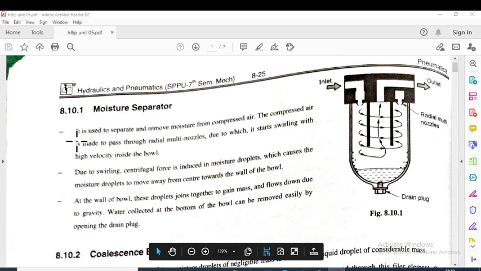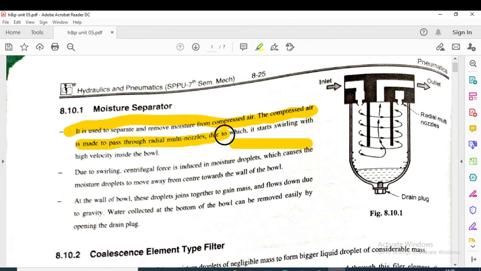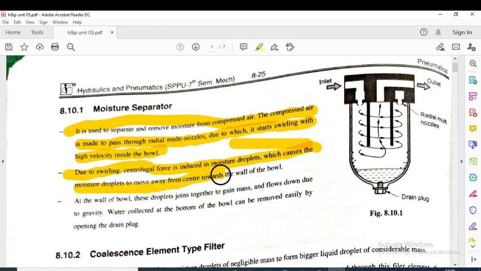Okay, so here you can see it is used to separate and remove moisture from compressed air. This compressed air is made to pass through the radial multi-nozzle, due to which it starts rotating in a circular manner with high velocity, and due to this swirling, centrifugal force is induced in the moisture droplets, which causes the droplets to move away from the center toward the wall of the bowl.